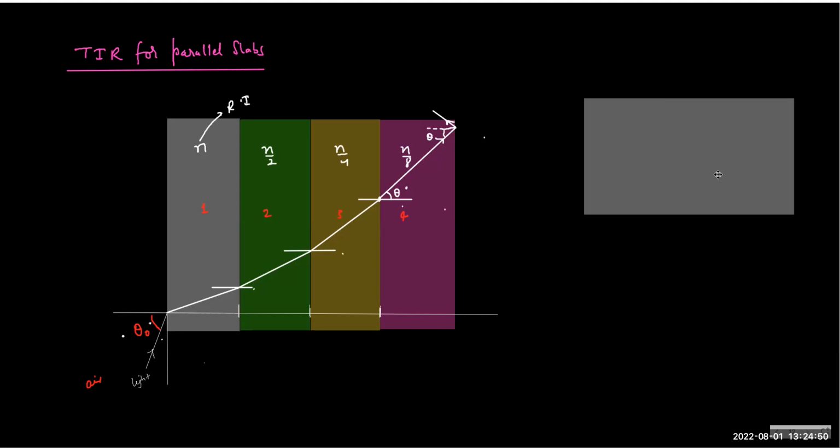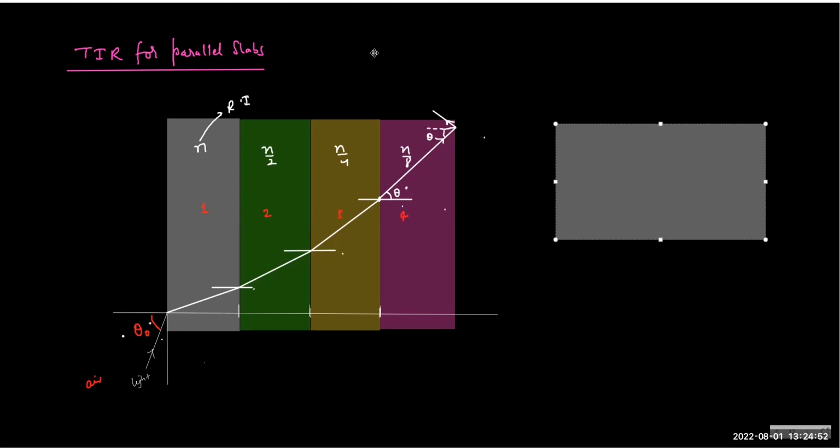Whenever you have an interface and the light ray is going this way, this is the angle of incidence. As theta increases, for any theta, every interface will transmit and reflect. No matter whether it's transparent or not, every interface will have some reflection.